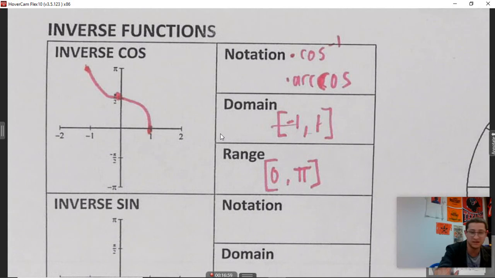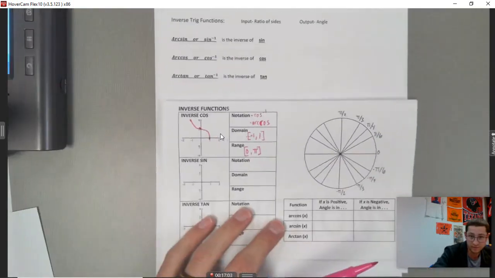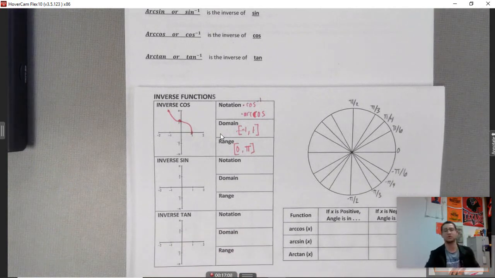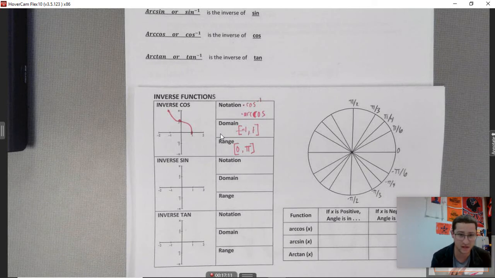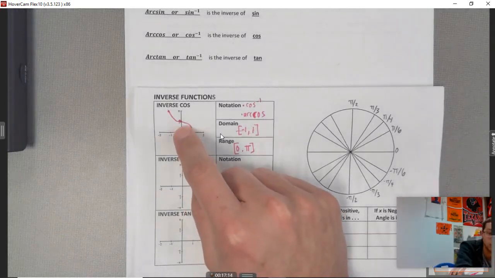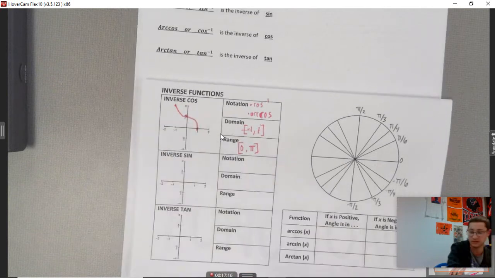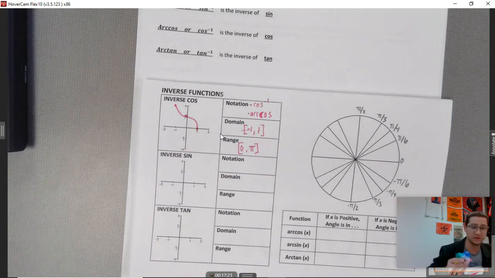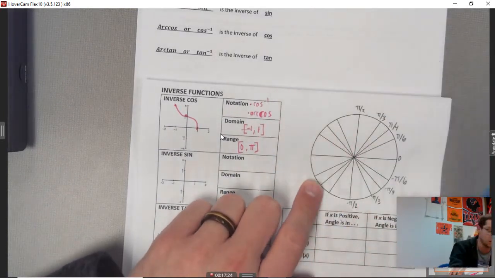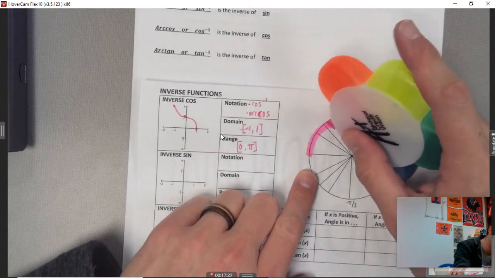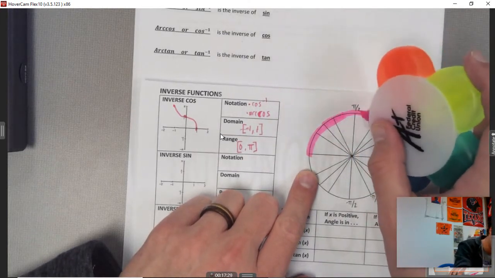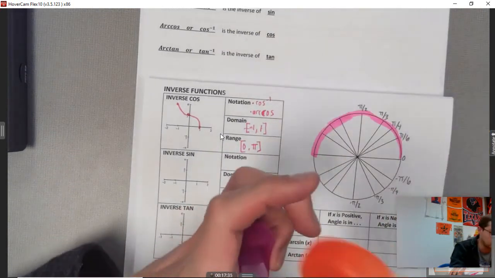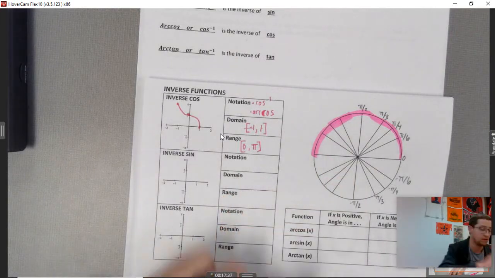Now here's an interesting thing that we need to talk about. Inverse cosine exists from 0 to pi. So let's show where that exists on the unit circle. I'm using pink here, and I'm also going to use pink here. So this is where your inverse cosine exists with that special restricted domain.